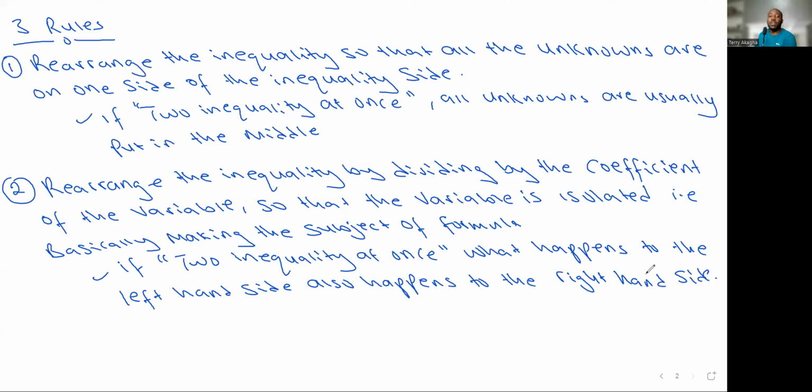When you're done with that, you then write your answer with the inequality symbol.